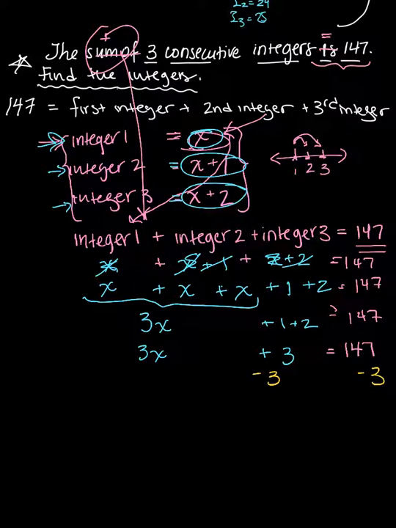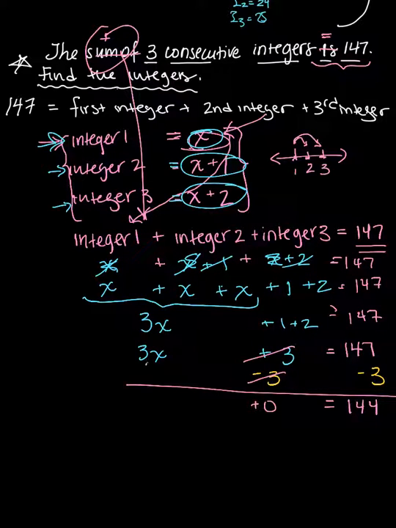What I do to one side, I've got to do to both. Make sure to keep your equal sign in line. 147 minus 3 is 144. Plus 3 minus 3 crosses out, so it's plus 0. And I'm just left bringing my 3x down. So 3x plus 0 equals 144.